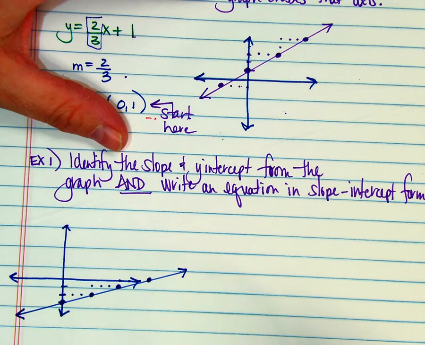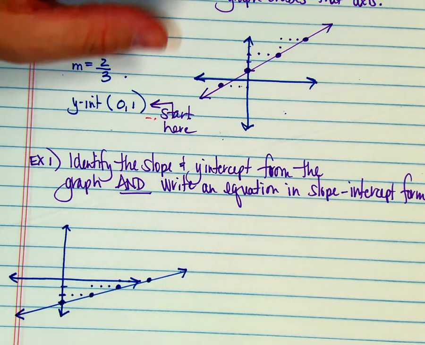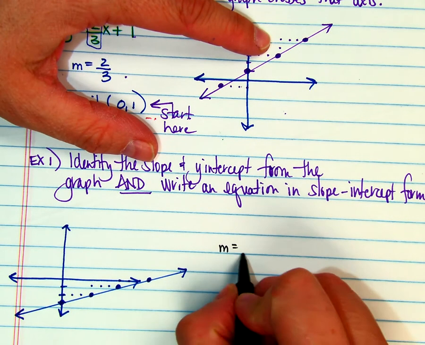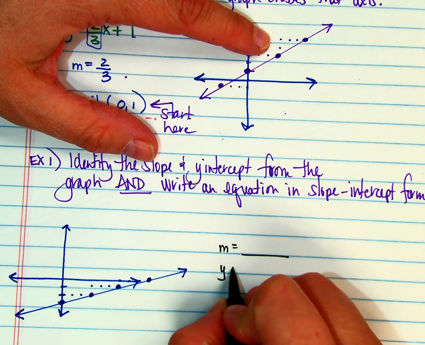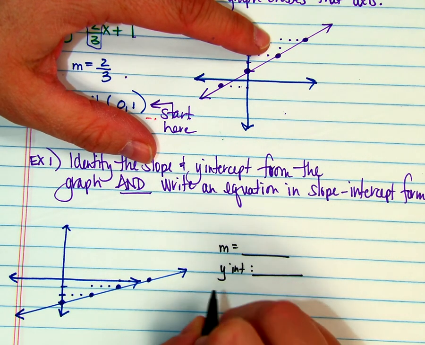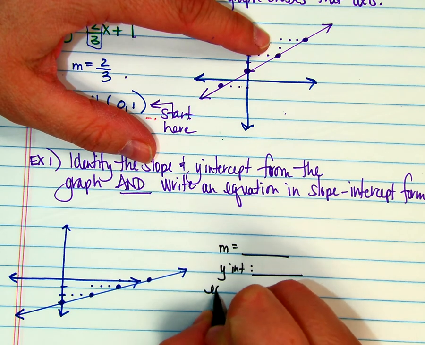Okay, so from this graph, we need to do three things. First, we're going to find the slope. Then we're going to find the y-intercept. Then we're going to write the equation in slope-intercept form.